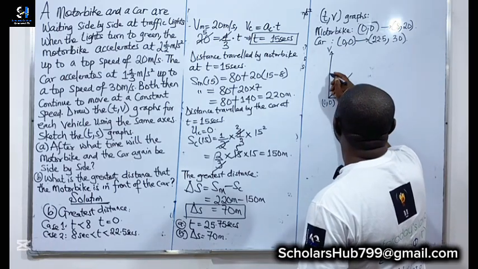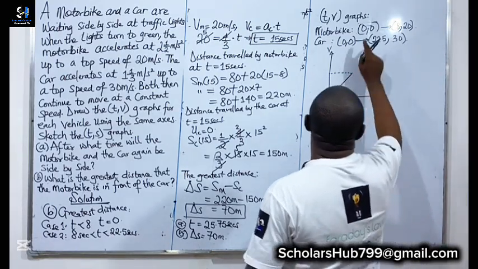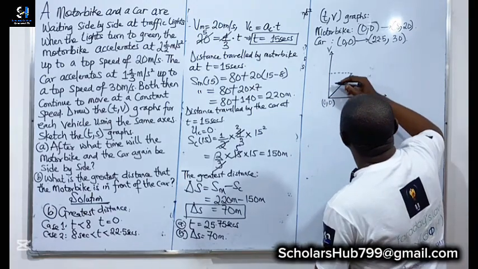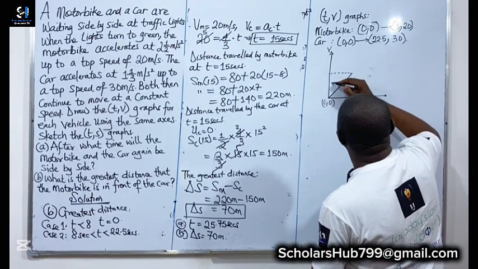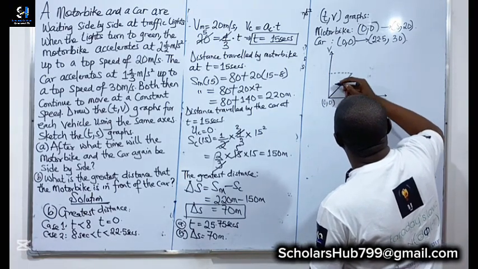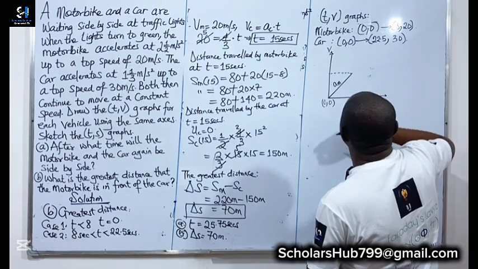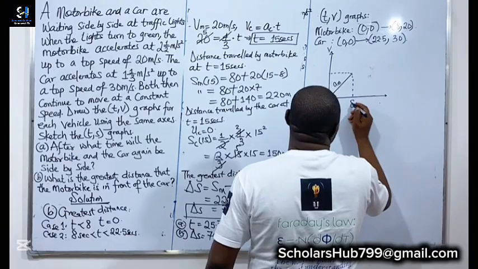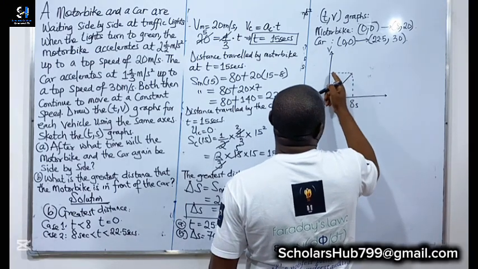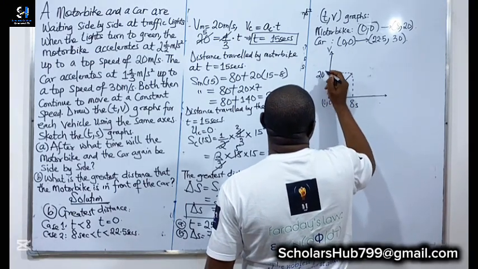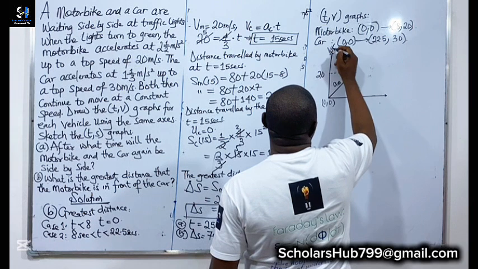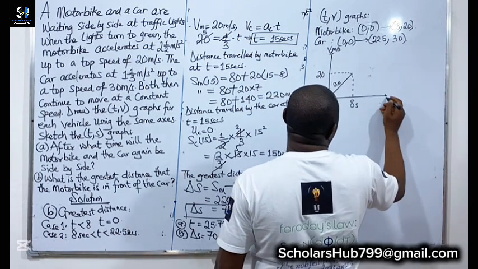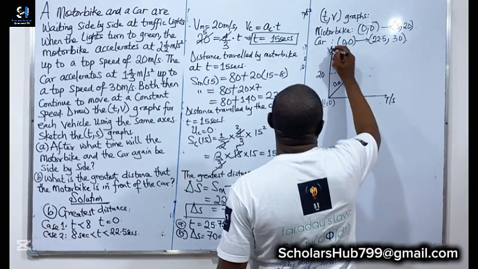So this is for the motorbike. How do I write this? The acceleration of the motorbike will be here, then the time, 8 seconds, while the velocity is 20. The velocity is in meters per second, so time is in seconds.